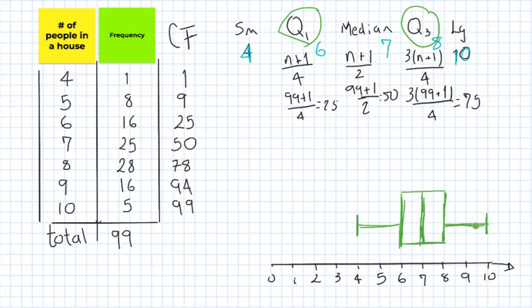So this is how I draw a box and whisker plot. Remember that from here to here we have 50% of the data. This is the Q1. This value here is the median, and this value here is the Q3. This one is the smallest value, and this one is the largest value. And that's it.